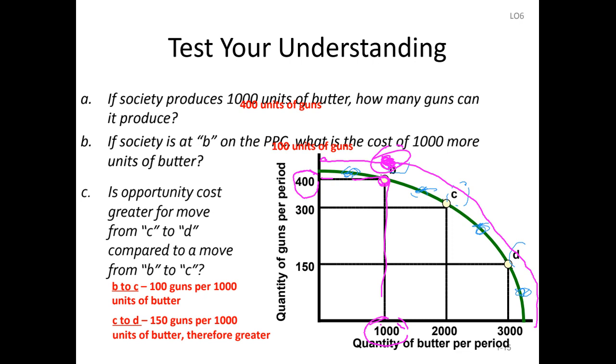As long as the green line is the PPF, you cannot produce more than 400 guns given that you are producing 1,000 butter. Definitely you can produce more than 400 guns, but then you have to decrease the production of butter.